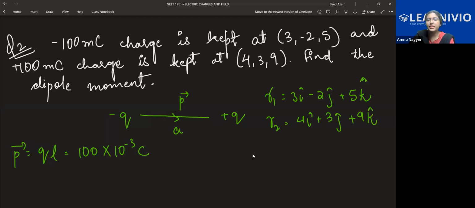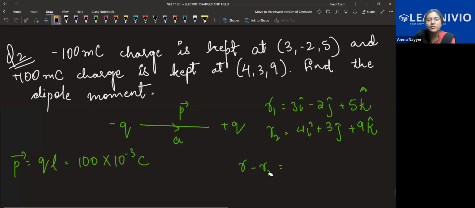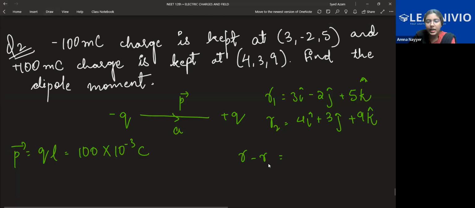Correct. So if we take R1, yeah, we did this, R1 minus R2. Ibrahim, you remember? I hope you remember we did it. So it will be R2 minus R1, because this is the final one, no? So this will be R2 minus R1.